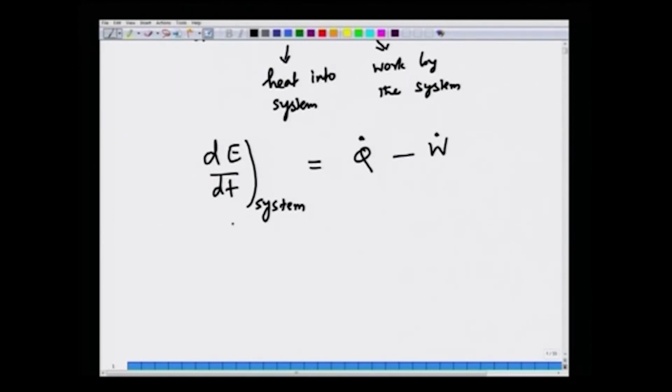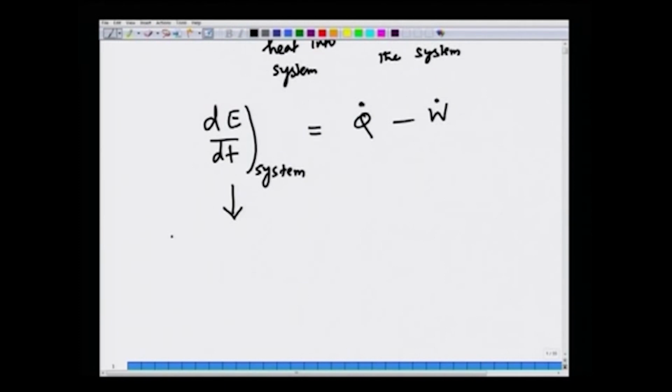Now, in order to convert this to a control volume formulation, we have to use the Reynolds transport theorem as usual. Before we do that, we realize that the energy of the system is equal to the volume integral of the specific energy e, which is energy per unit mass, times density, which is mass per unit volume, integrated over the volume of the system.